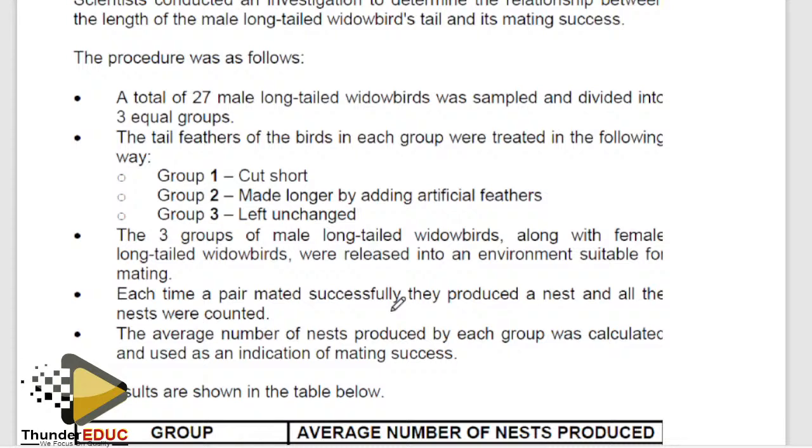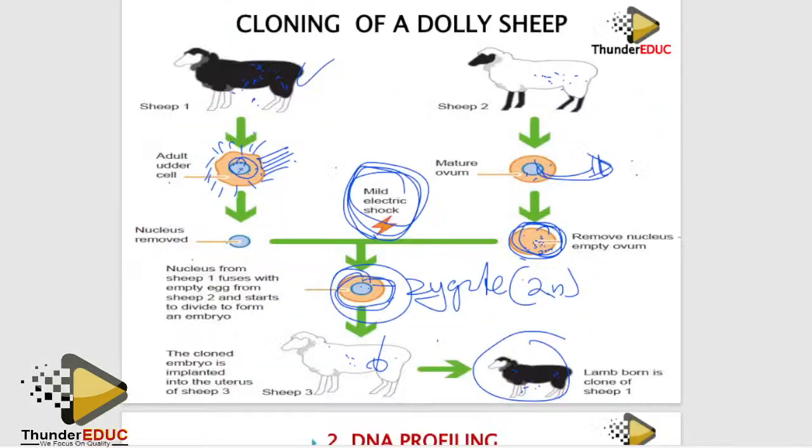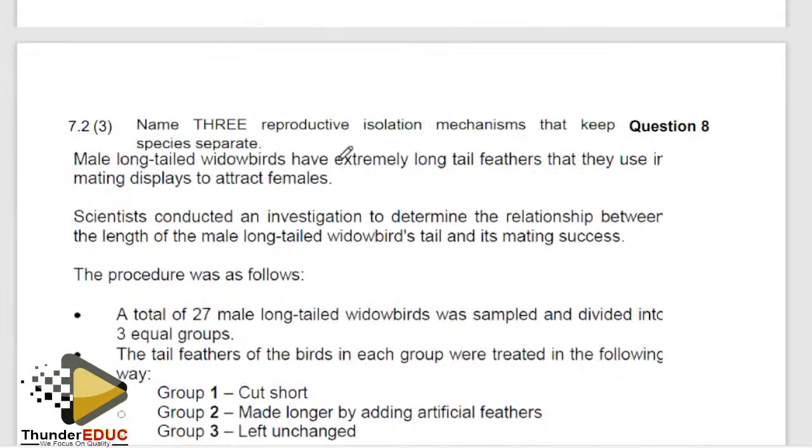Give differences between Lamarck's theory and Darwin's theory. In Lamarck's theory, organisms evolve because they want to evolve. If I want to be tall, I will just stretch my head and then I become tall. That's what Lamarck says.